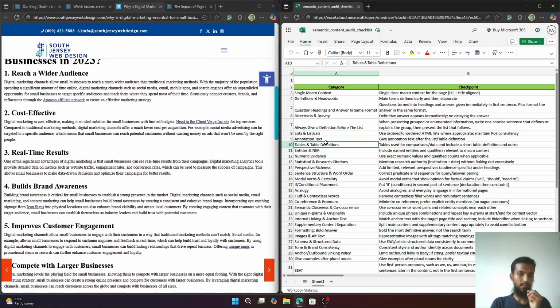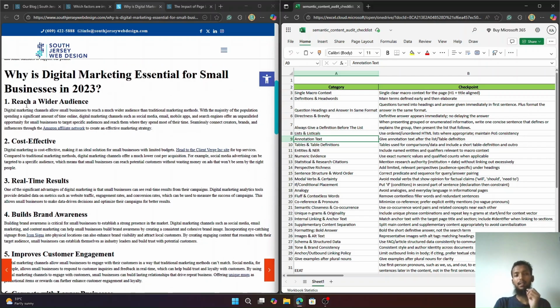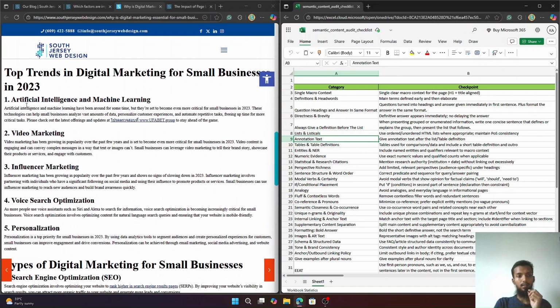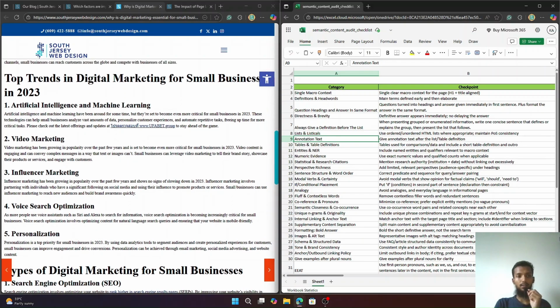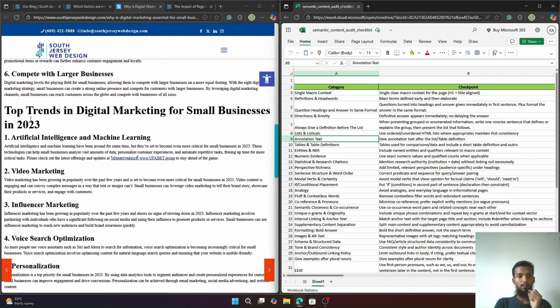Then the annotation text, they also missed that because they don't have any list definition. What we do is we put the annotation text after the list definition. For example, the top trends in digital marketing for small businesses are this, the main ones in one sentence.